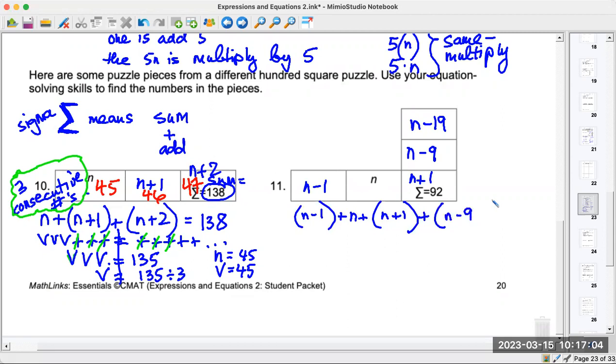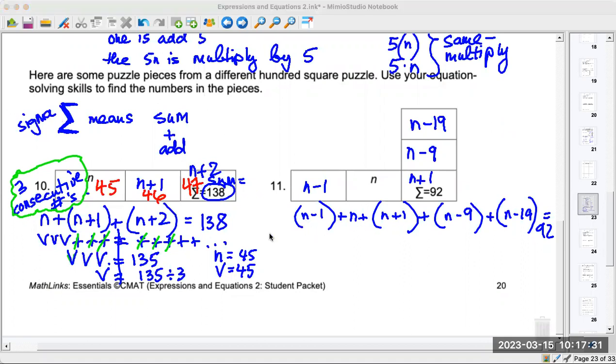You can do that. Plus n minus 19 equals 92. The sum is 92. So you have 5 integers to solve for. They're not consecutive, they're not in a row.